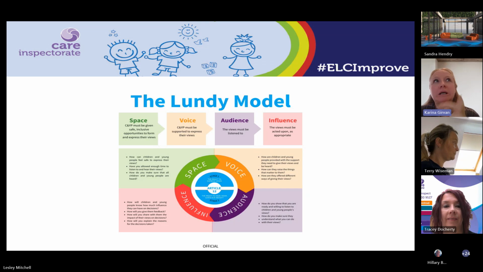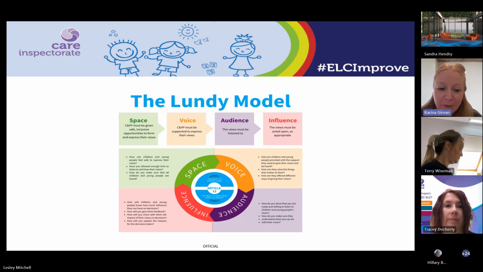Well, I would really like a 6-foot swimming pool in the back garden. And it's okay to say to a child, well, we can't have that because, for whatever reason, but we could do an alternative. It's okay to say to children you can't do it, as long as you're explaining why, and it's about closing that feedback loop, as myself and Hilary were talking about earlier. But it also allows children to feel heard and valued and considered.